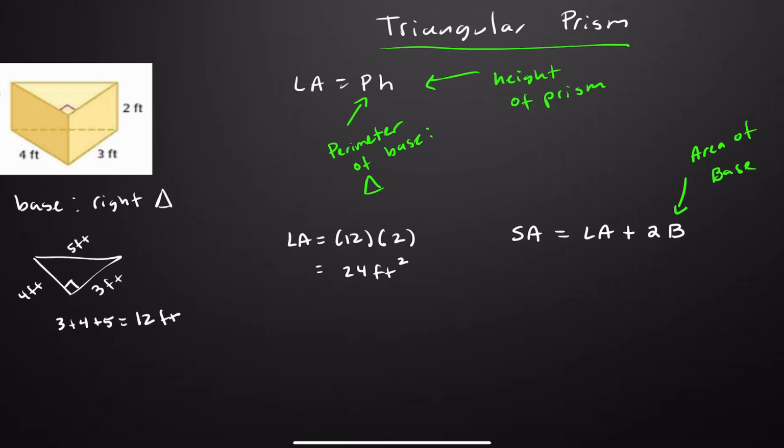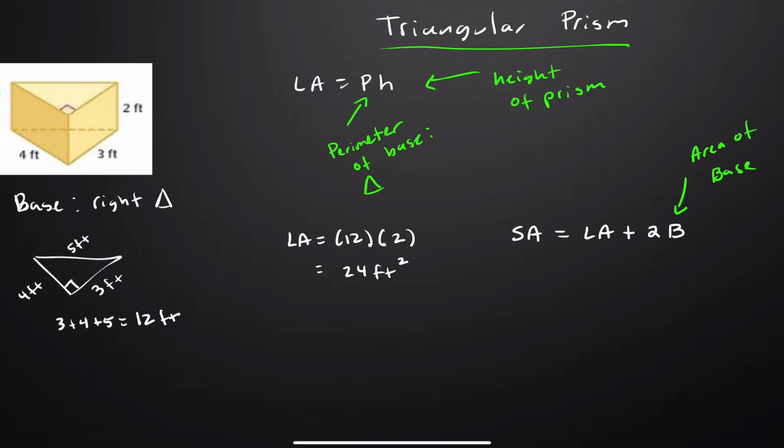And I should have capitalized the B in base right there. Okay? Our base of this prism is a right triangle. And this capital B indicates, or it means, the area of the base.